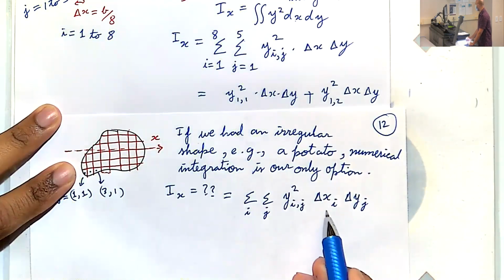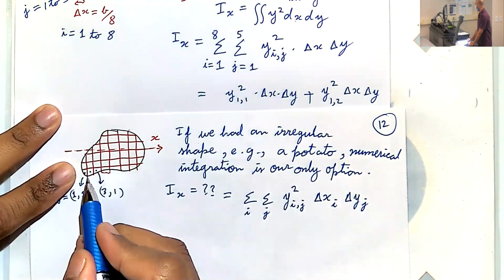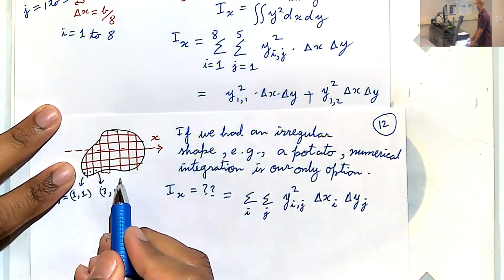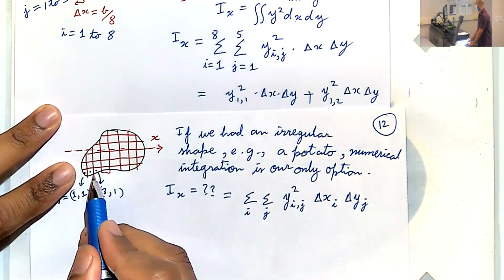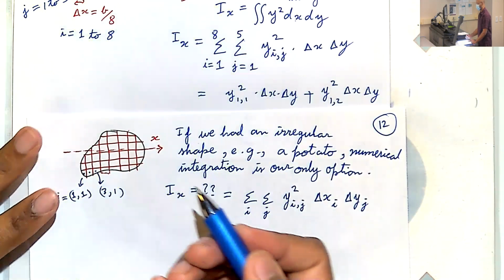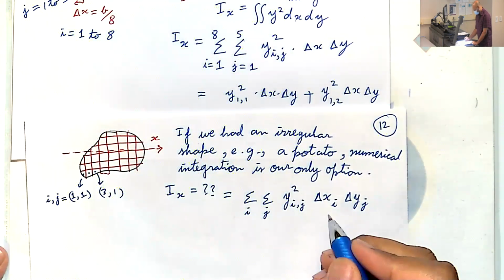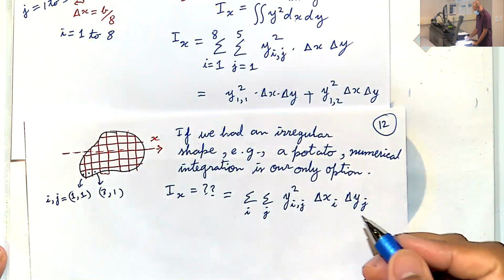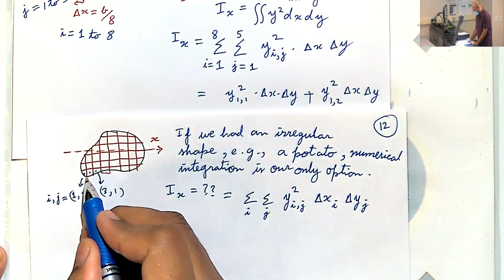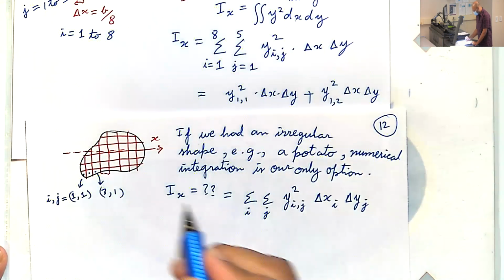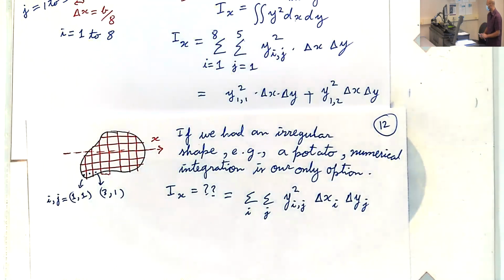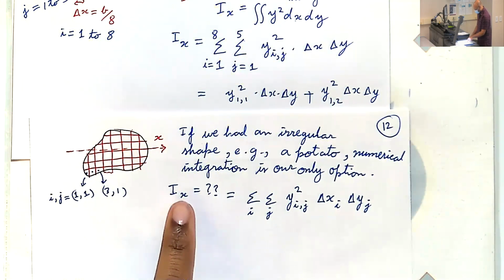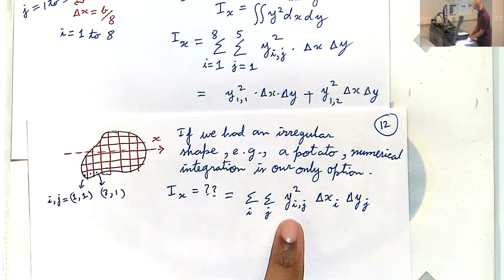Why these subscripts? Because you might decide you don't want to cut everything uniformly. I will have different delta x and different delta y for each of the boxes. So once you put down i and j here, you're making it more general. Similarly, you can compute I_y. Instead of y squared, you would have an x squared.